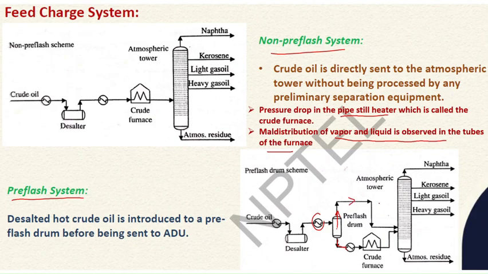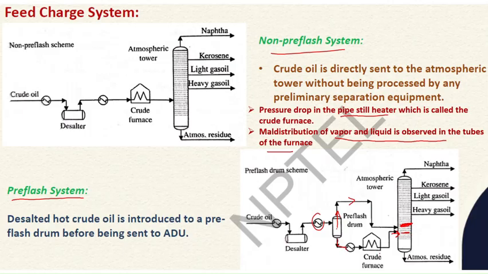The lighter cut is introduced into a higher tray, at a higher height, and the heavier cut, after getting heated in the crude furnace, is introduced at a lower plate. So proper distribution of vapor and liquid takes place.